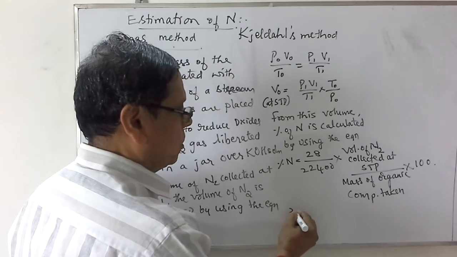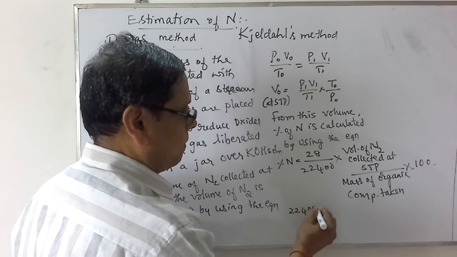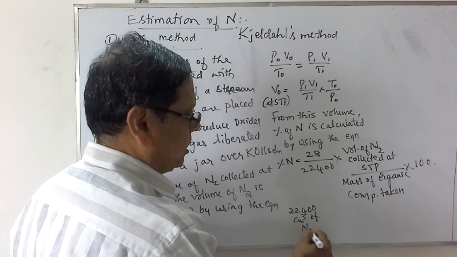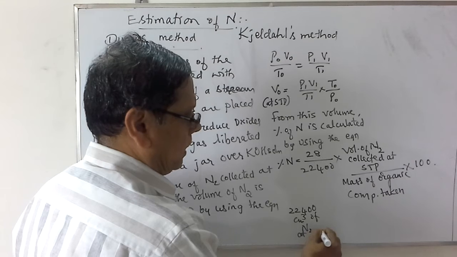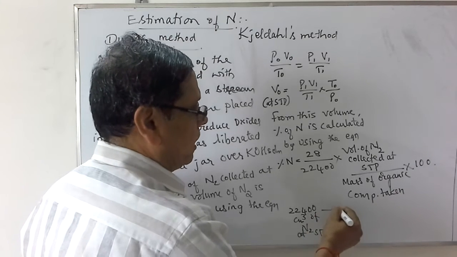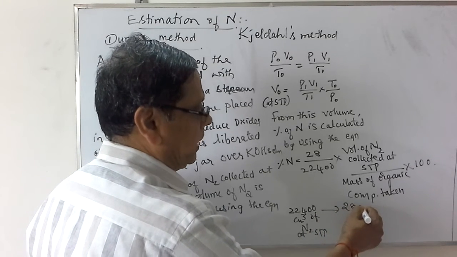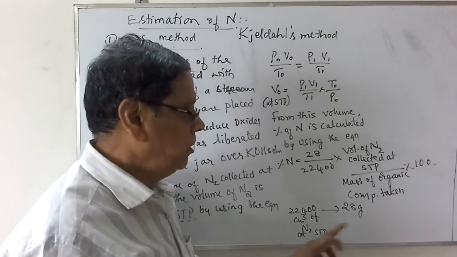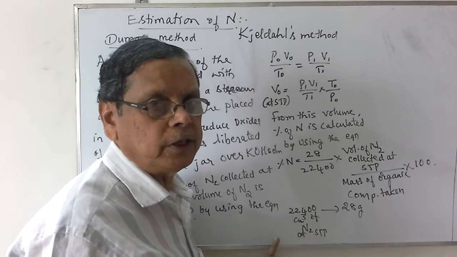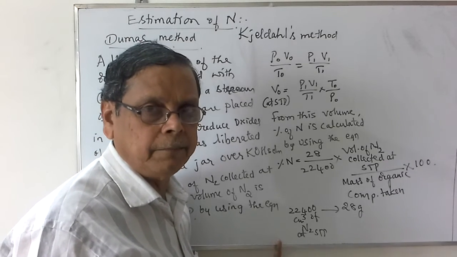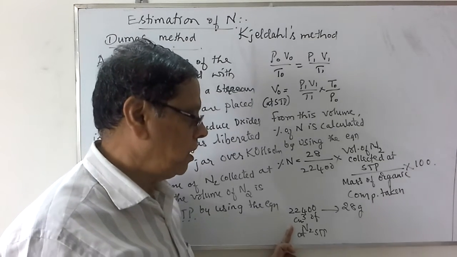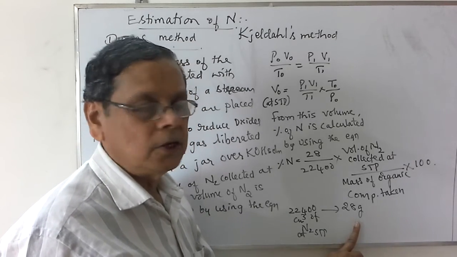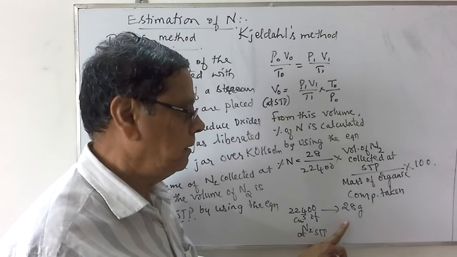Suppose you take 22,400 cm cube of nitrogen at STP. It will have the mass equal to 28 grams. This is called gram molar volume. 1 mole of any gas will occupy 22,400 cm cube at STP. So 22,400 cm cube of nitrogen will have the mass equal to its molecular mass, and the molecular mass of nitrogen is 28.